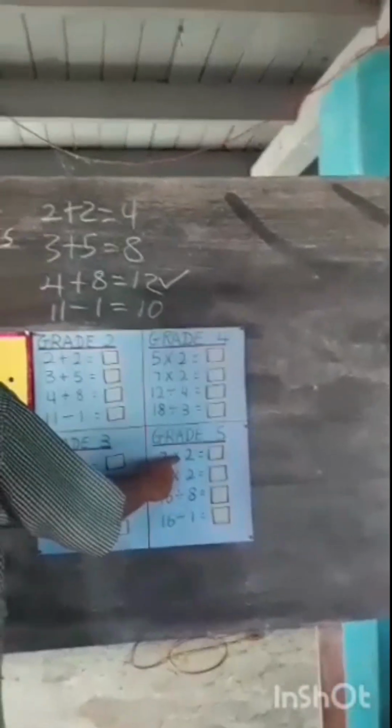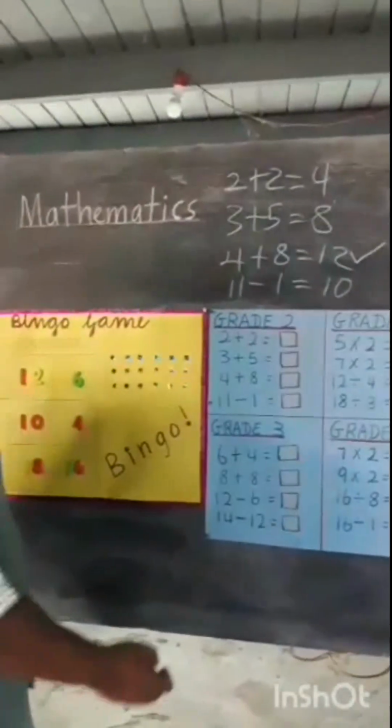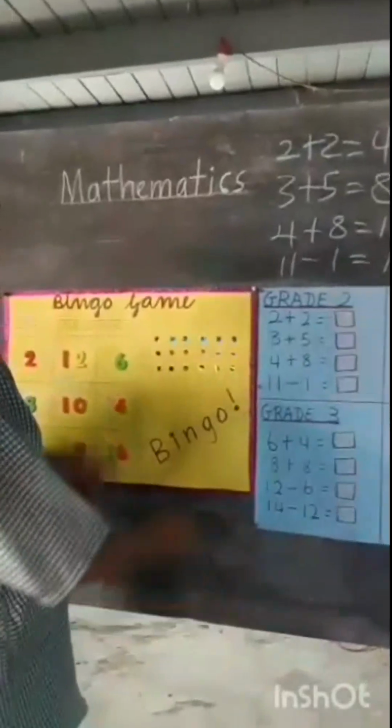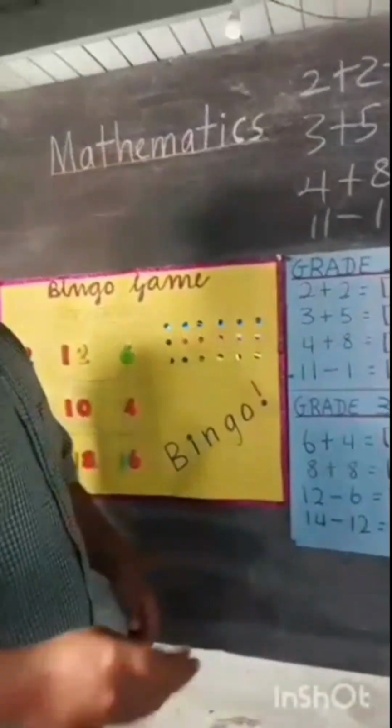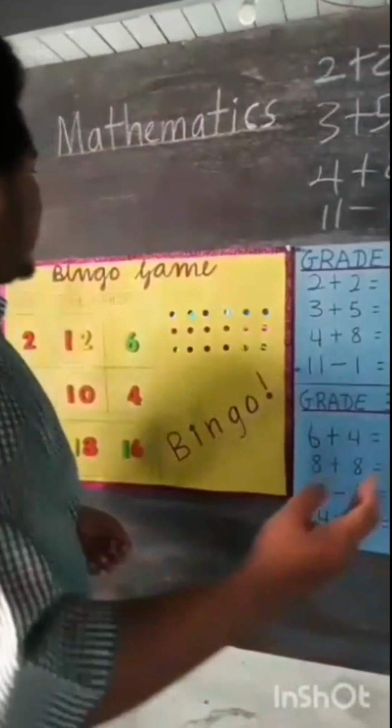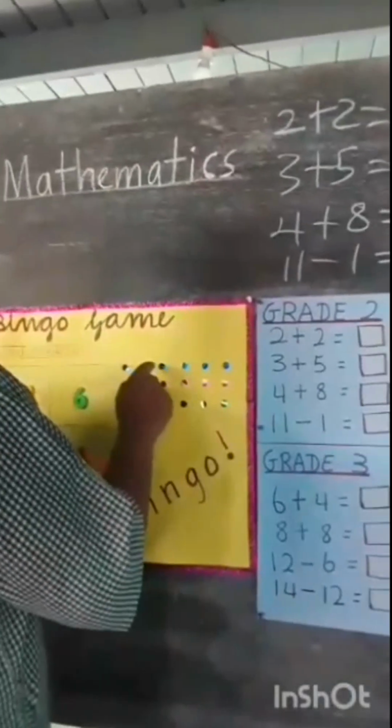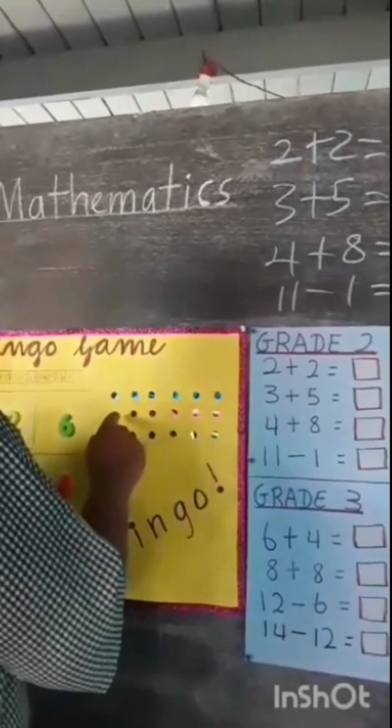So for example, 7 times 2, right? I can use my number line or I can use my counters. Right? So let us use the counters. So 7 times 2 is same as we group in 7 2 times. Right? Good. So 1, 2, 3, 4, 5, 6, 7.